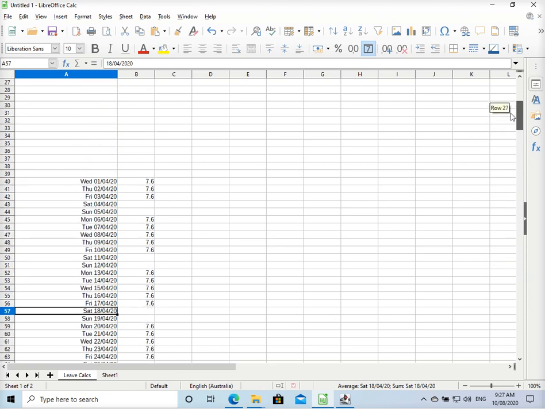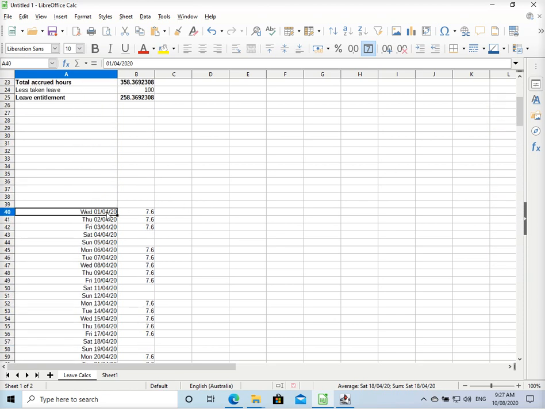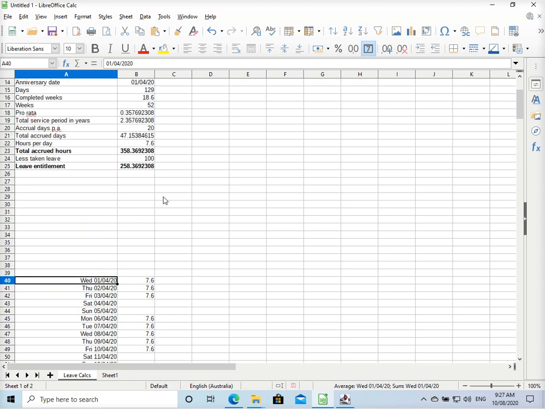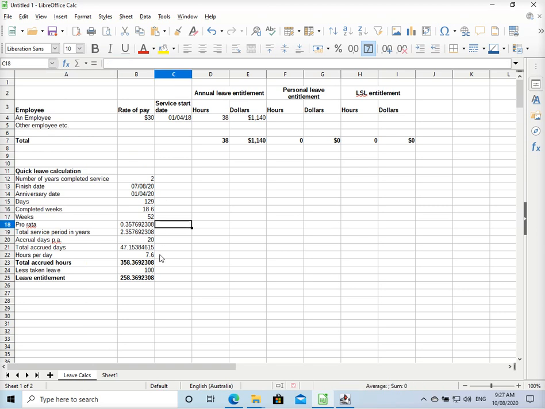Even to set up this calculation over the course of 10 years in a spreadsheet is not too hard to do, although I generally just do it for that last pro rata period, as I mentioned, because I take the number of years of completed service.